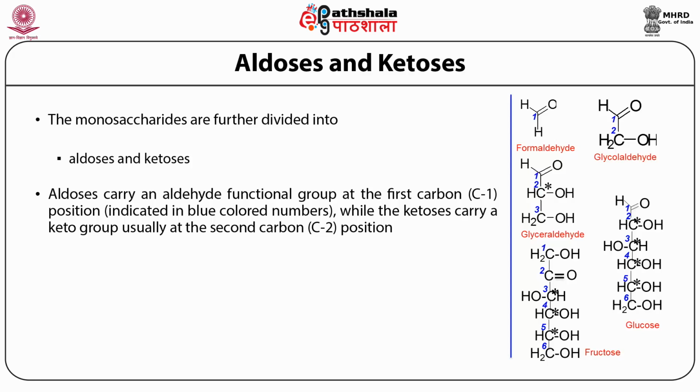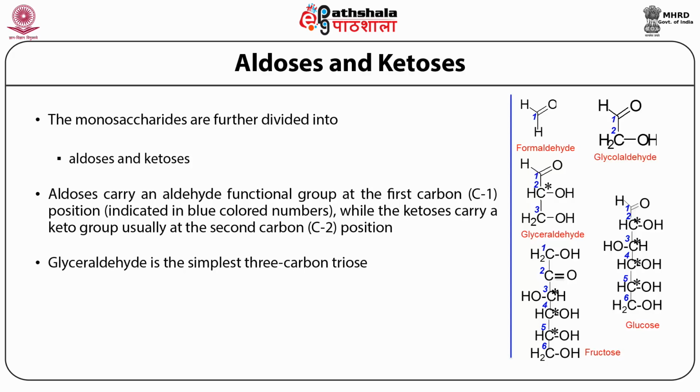So these sugars, for example glyceraldehyde and glucose, are considered aldoses, while the ketoses like fructose, as shown on the right hand side, will carry a keto group usually at the second carbon.